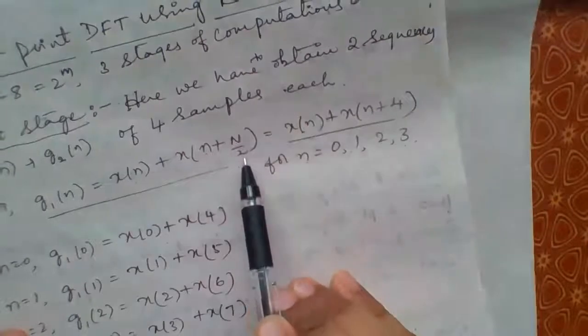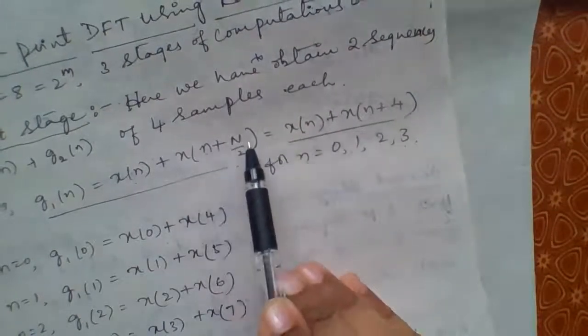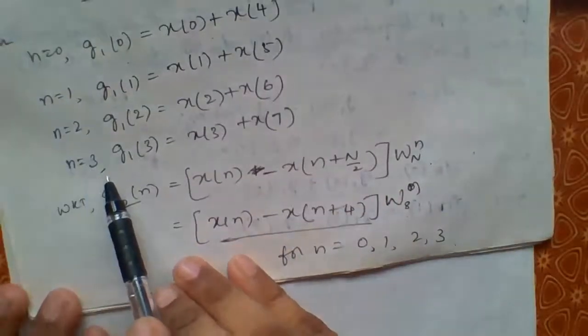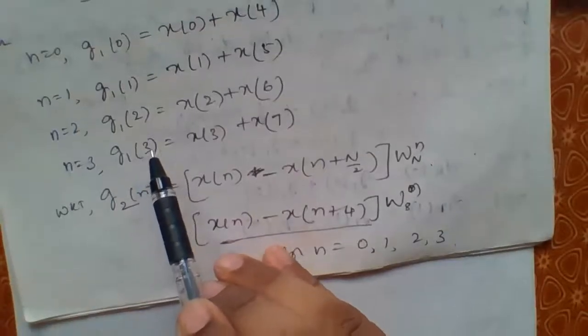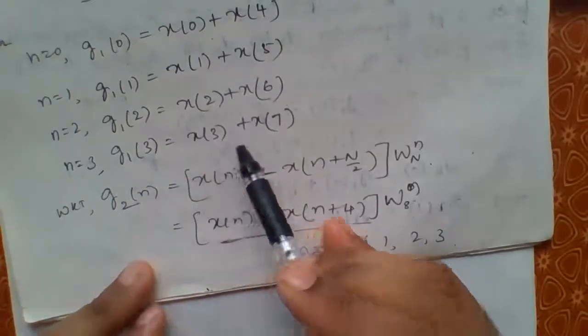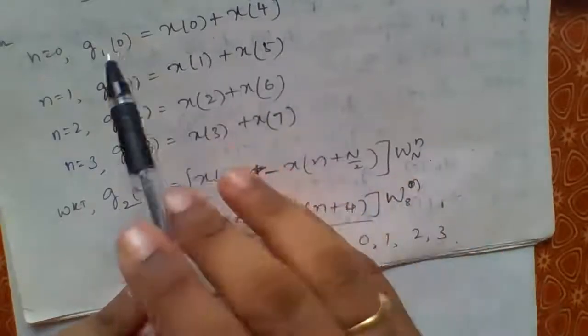In this equation, make the substitution that N by 2 is nothing but 4: 0 plus 4, 1 plus 4, 2 plus 4, 3 plus 4. So for n equal to 3, we get the last sample, G1 of 3, equal to x of 3 plus x of 7.